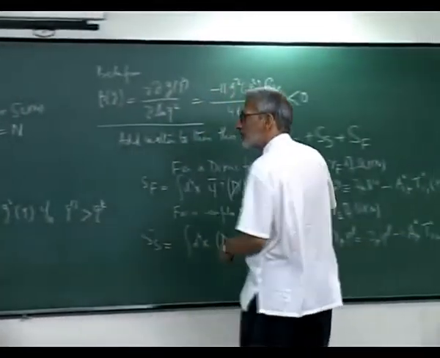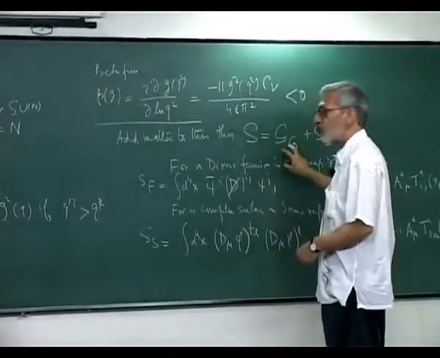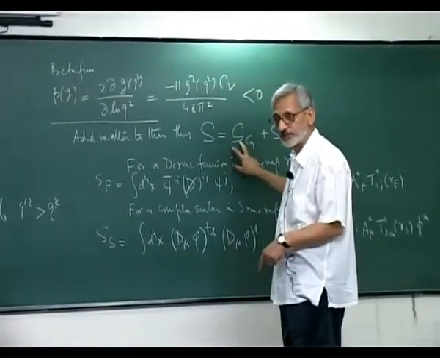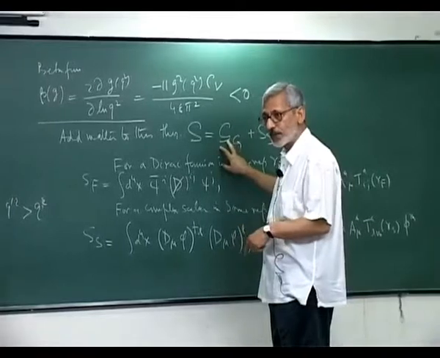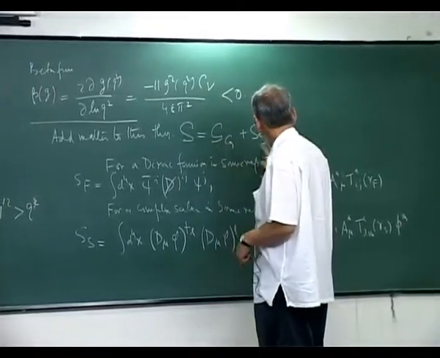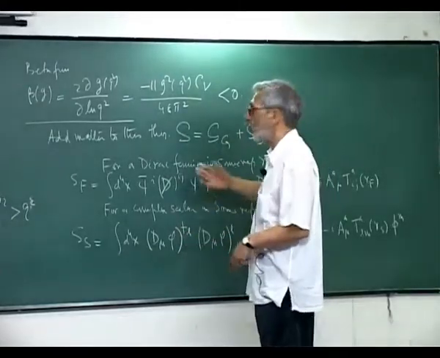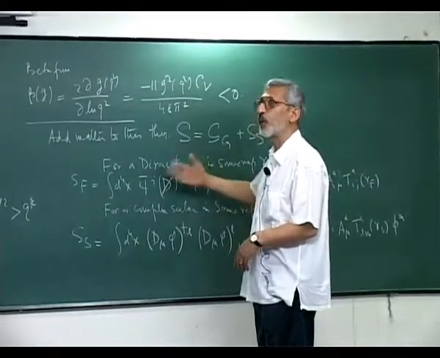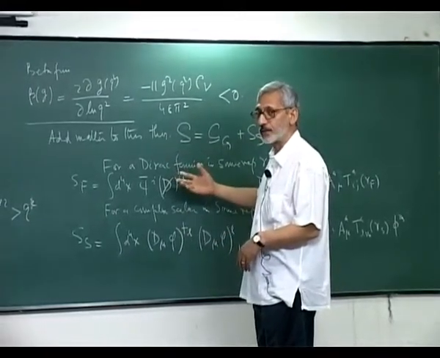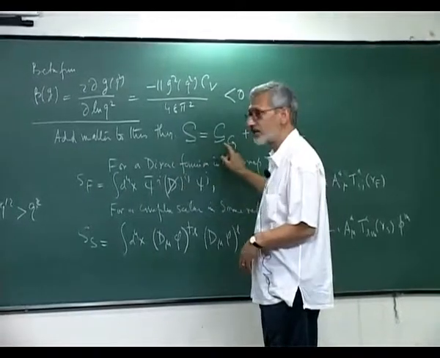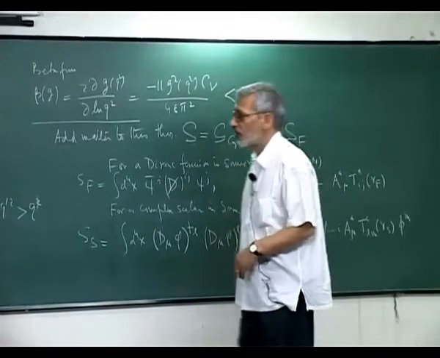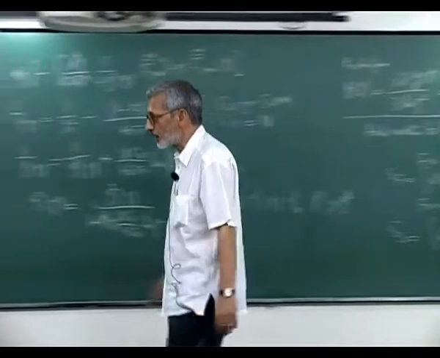this object was 1 by g square. So this object has 1 by g square, whereas these objects don't have any g square. So these are one order smaller in couplings as compared to S_G bar.